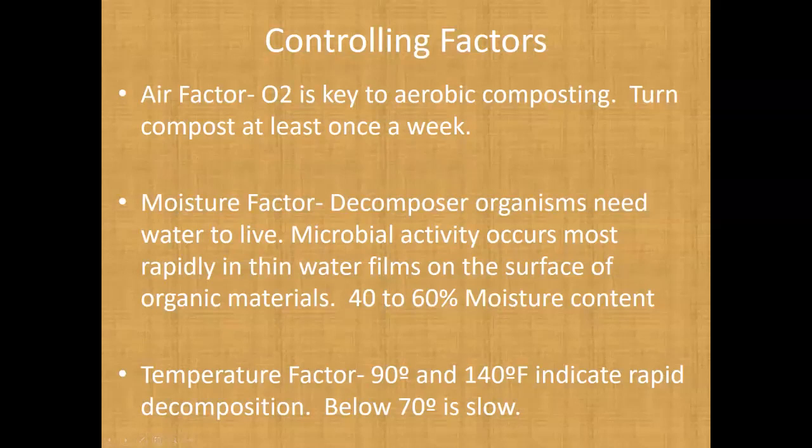Again, the moisture factor: hydration is really important to keep our microbes alive and functioning at a high level. So we're looking at that 40 to 60% moisture content, so that they have that film that they can live in. And for temperature, the higher temperatures of up to 140 to 160 indicate rapid decomposition and digestion, and below that is slow.